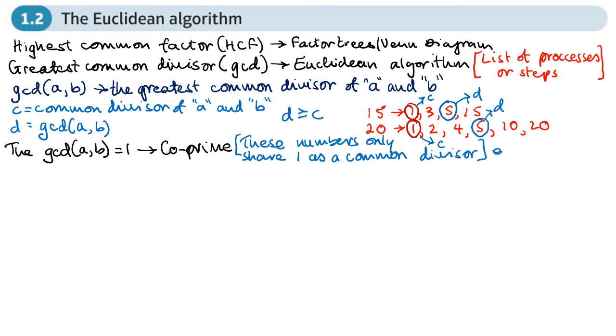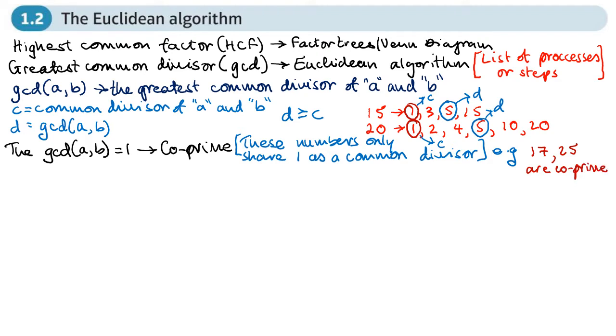So for example, you might have the numbers 17 and 25. These two numbers only share 1 as a common divisor, so these two numbers are co-prime.